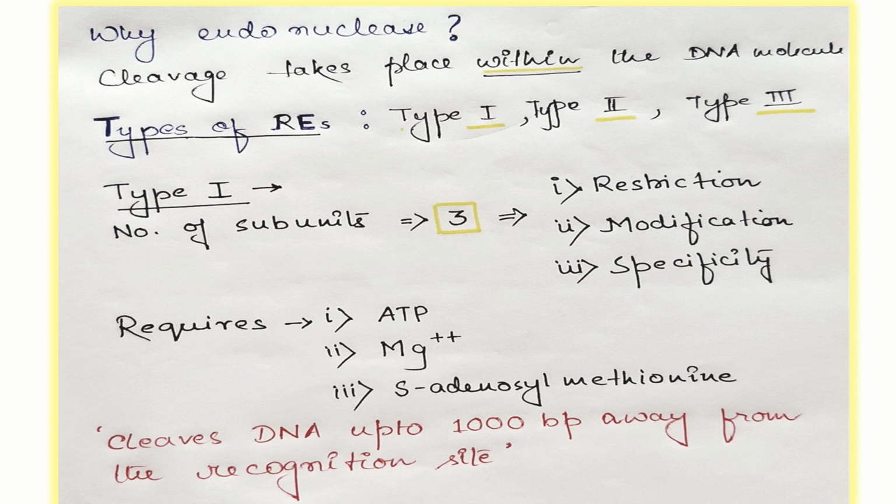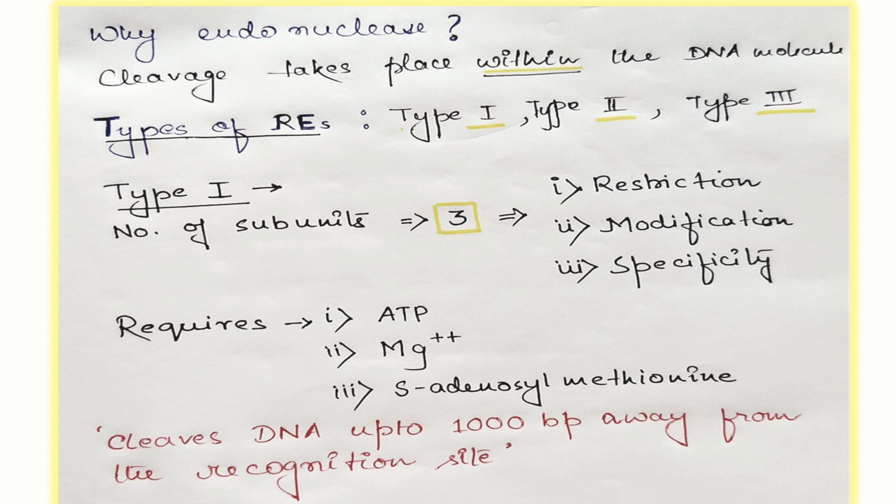Type 1 endonuclease has 3 subunits. The 3 subunits have 3 dedicated functions. Subunit 1 functions for restriction, the second one for modification, and the third one for specificity.